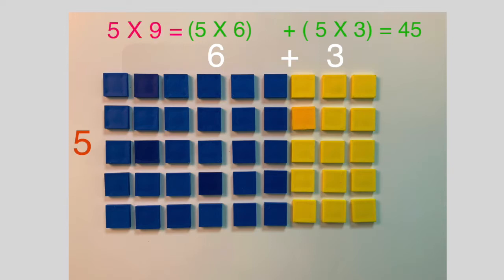So on the test, they're going to be asking the students, how can we redo the problem of 5 times 9? And they should be able to think, okay, I'm going to deconstruct that 9 into a 6 and a 3, and that will equal 5 times 6 plus 5 times 3.